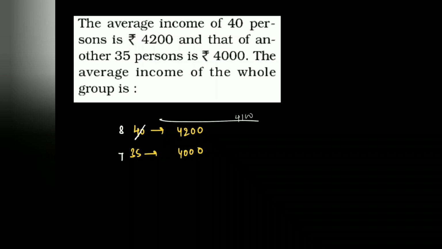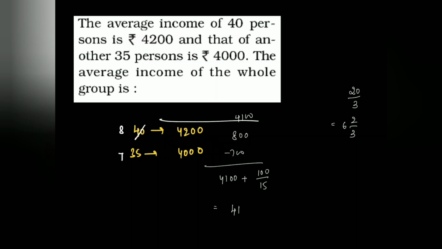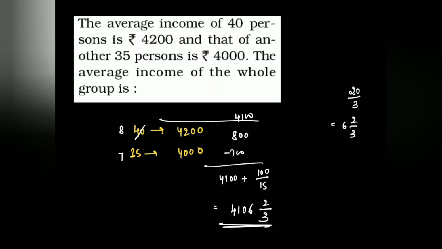So it becomes 100 into 8, 800, minus 100 into 7, minus 700. So 4100 plus 100 divided by 15. So 100 divided by 15 is 20 by 3, which is 6 2 by 3. So if I add 6 2 by 3 to this, it's going to become 4106 2 by 3. So that's your answer.